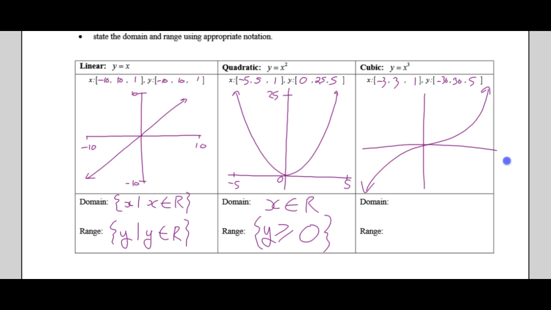Okay, now there's going to be arrows on there. That's going to be 3, that's going to be -3, that's going to be -30, that's going to be 30. Domain. Any values that actually cannot cube. Now, what can't you do with x? You can't take the square root of a negative.